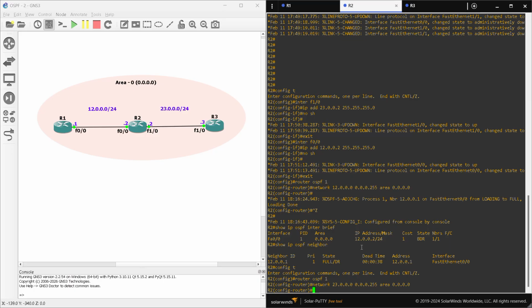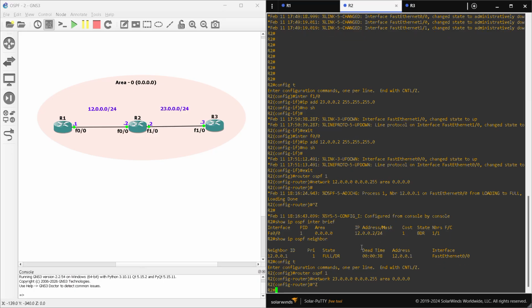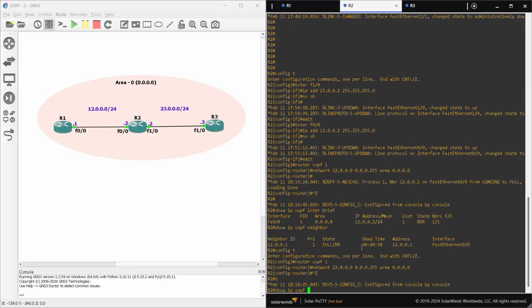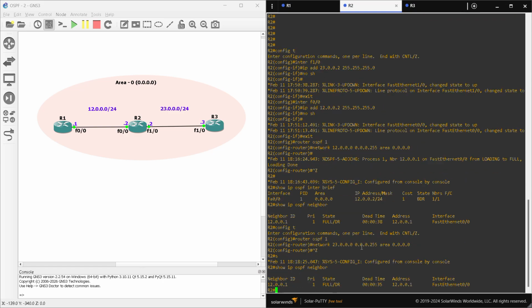Now let's check neighbors. Show ip ospf neighbor. It tells us one neighbor only. As we have configured for this interface, this is connected to that, so it is taking it as a neighbor, but R3 is not configured right now. This is the reason it is giving us only one neighbor.